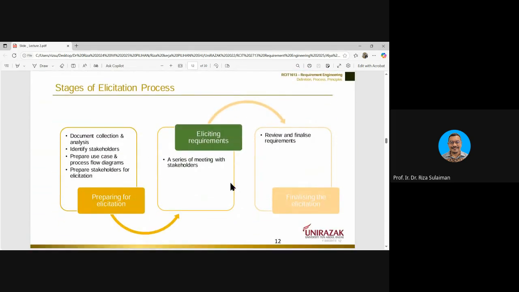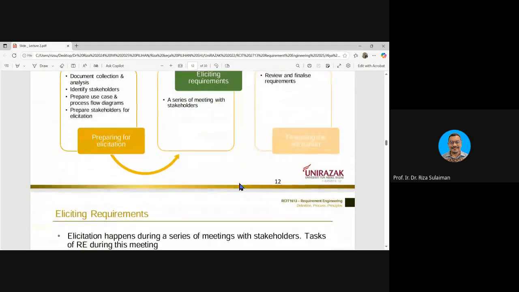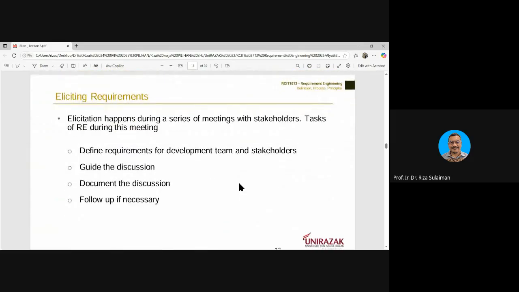The next important point is on reviewing and finalizing the requirements. Elicitation happens during a series of meetings with stakeholders. This is to define requirements for the development team and stakeholders. Discussions are many, and they guide us to make sure we are on the right track.